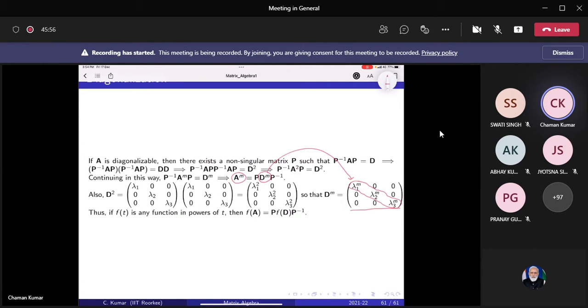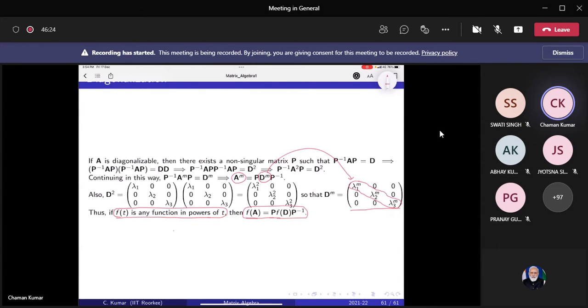Okay. So in general, if we have f of t as a function in powers of t, then we can say that f of A is equal to P f of D P inverse.